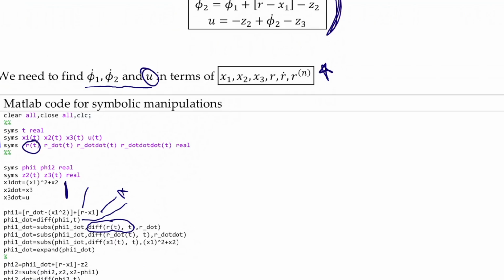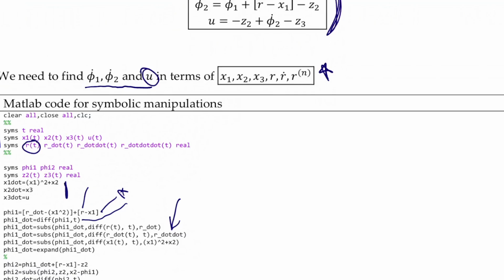But we want a more concise expression, so we additionally define r dots, and whenever you have this expression, substitute r dots, okay. And the same idea can be applied for the derivative of r dot with respect to t, okay. That's why we defined r dot and also r double dot, okay.